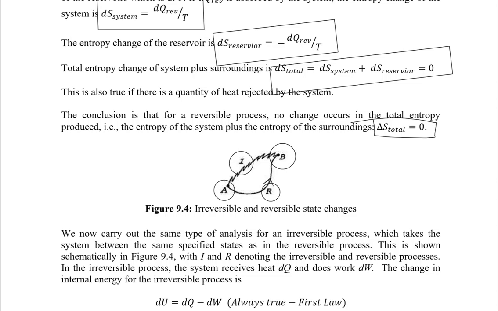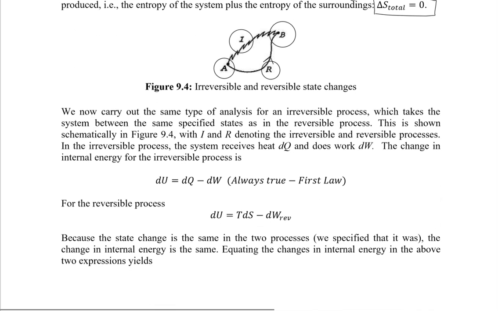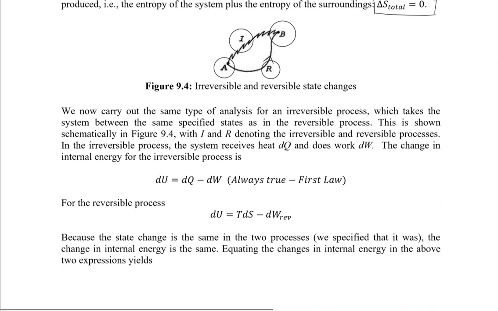So we are moving from state A to state B under a reversible process, and coming back from B to A in an irreversible one. Let's have a look at this kind of system.